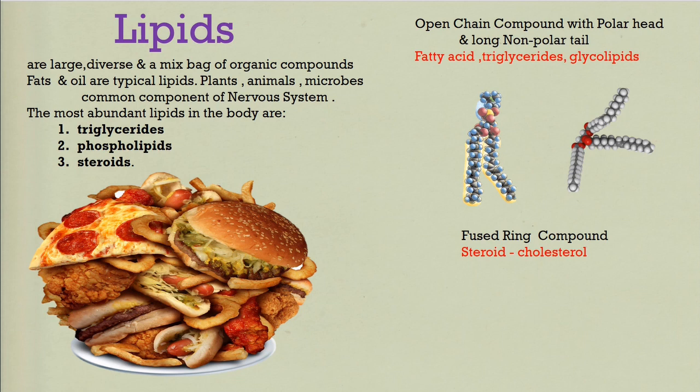Common examples are the fatty acid, the triglycerides, and the glycolipids. The second common structure is that of the fused ring compounds, composed of steroids, such as cholesterol.